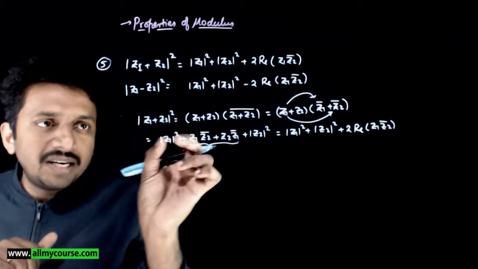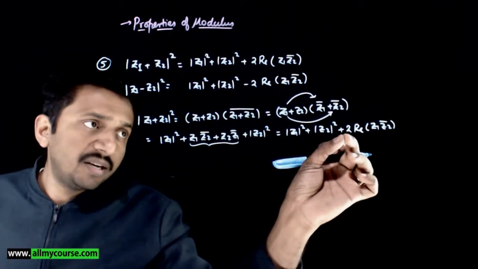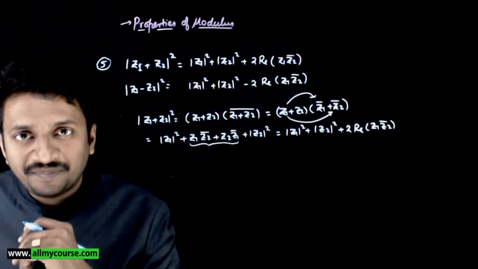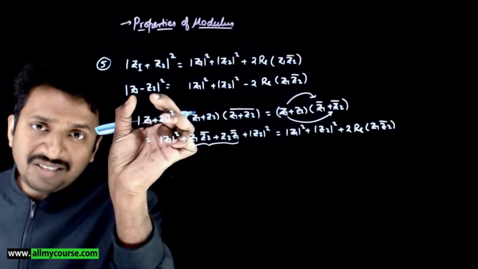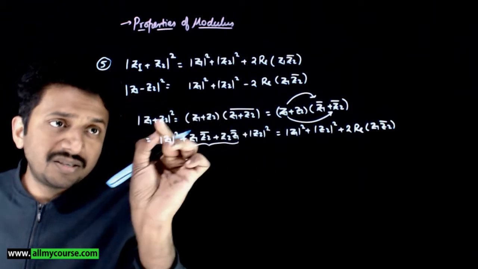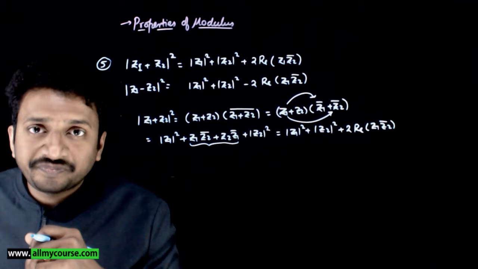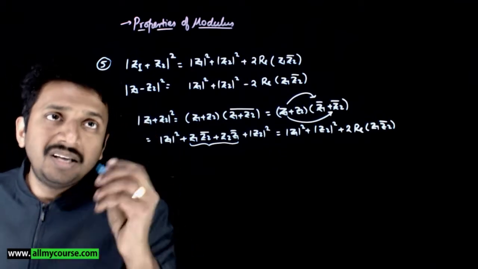So z1 plus z2 whole square is equal to mod z1 square plus mod z2 square plus 2 times real part of z1 z2 bar. Now similarly you can also prove this. I'm not going to prove that because you just need to put a minus sign here, so you get minus signs here.